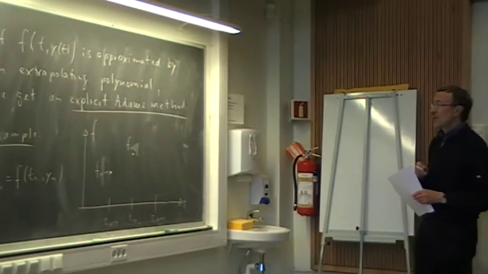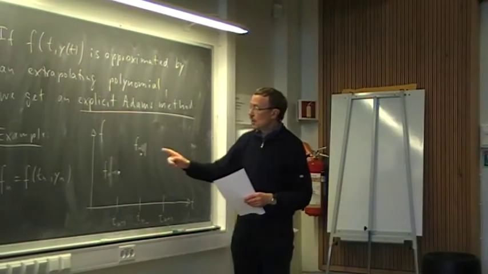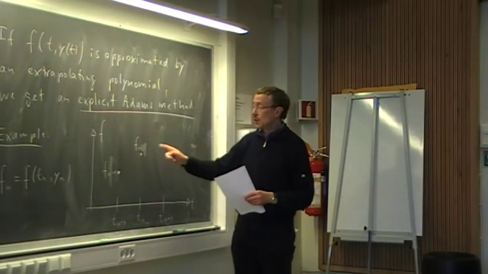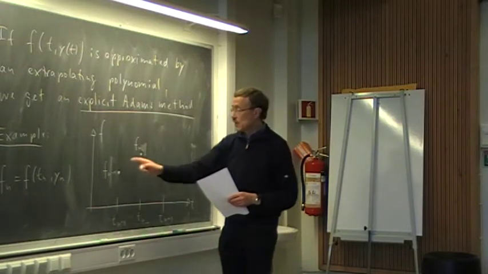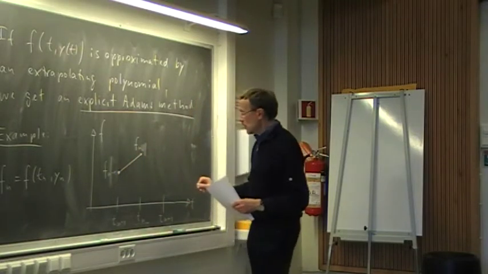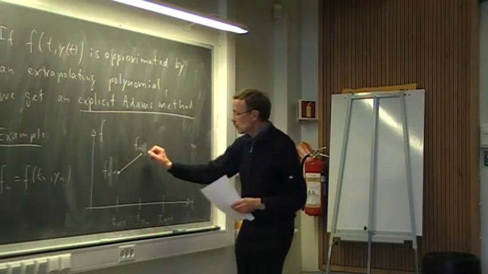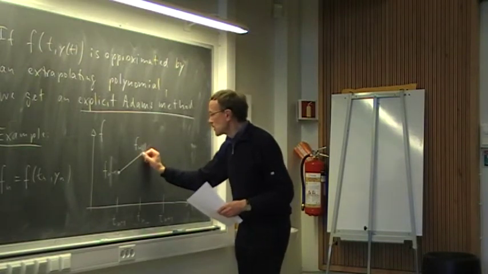The idea is now to approximate the solution, the f of t, y of t, by a polynomial. And here we use what we have here, and we are interested in this interval. So what we do, we extrapolate that. We continue this simply.